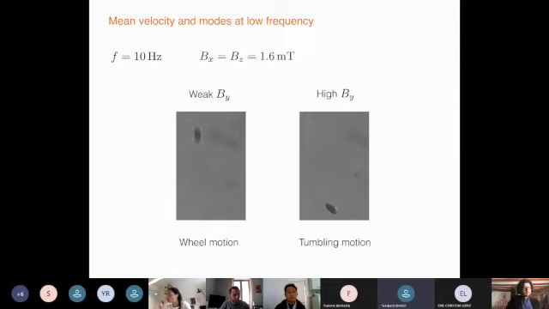At some point, the polarity of the circular field is reversed, and the triangle goes back to its initial position.